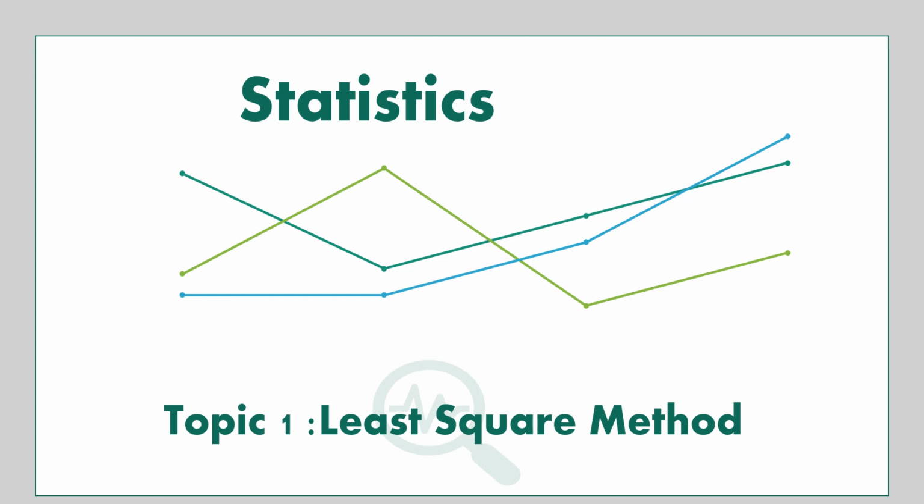There is also one particular thing called a freehand sketch, which is a very primitive method. So barring that, from a mathematical point of view, there are moving averages, semi averages and the least square method. Today we will be focusing on this least square method.